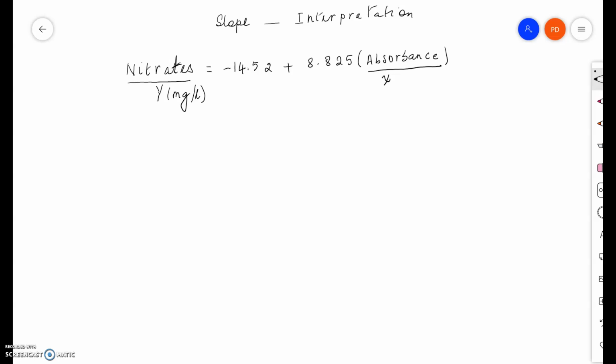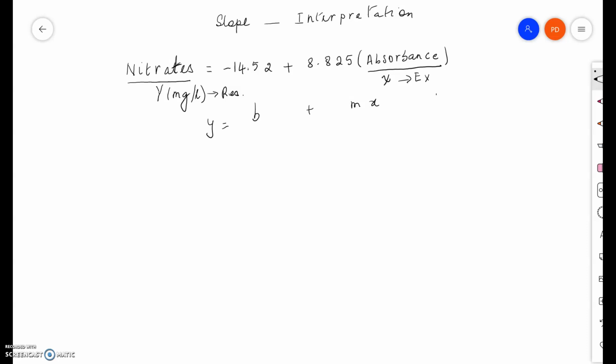in the solution. So here the explanatory variable is absorbance and the response variable is the amount of nitrate present in the solution. So this is in the form y equals mx plus b.